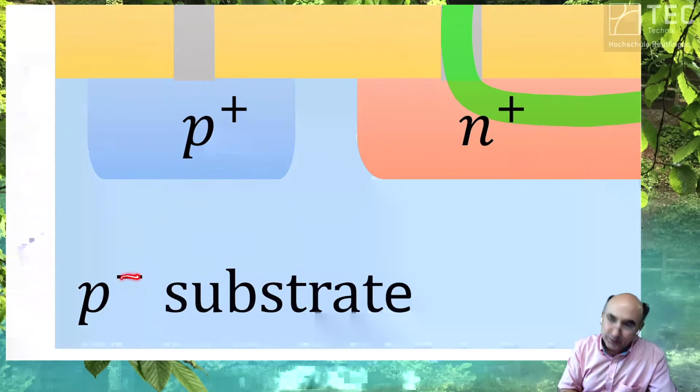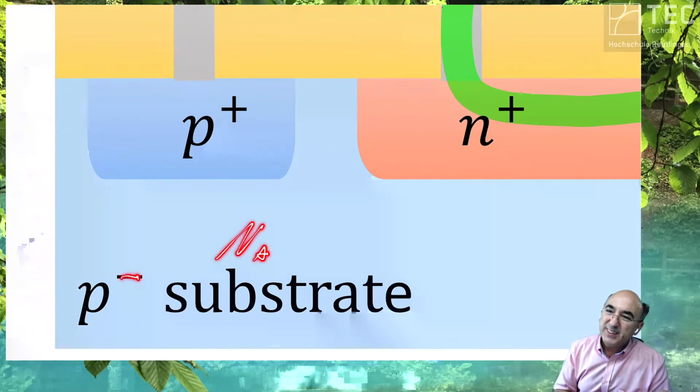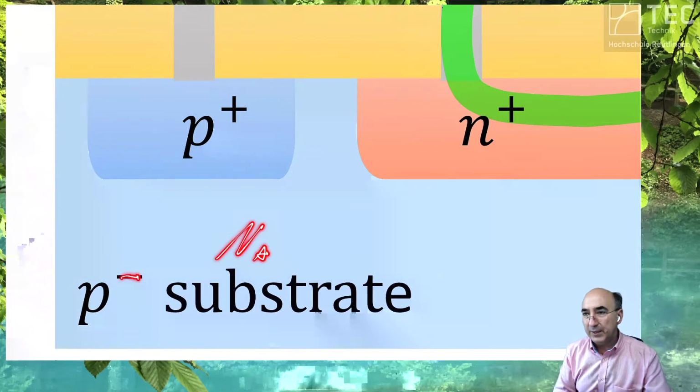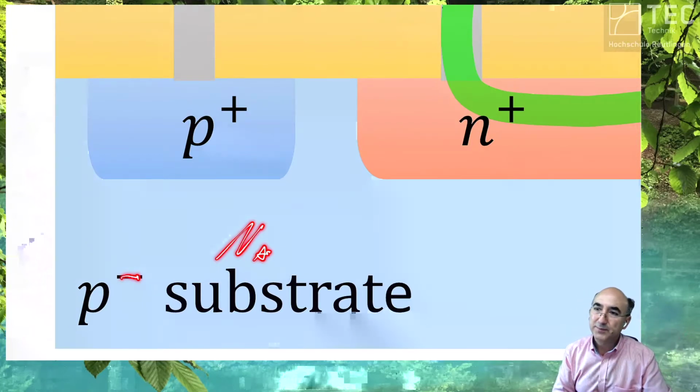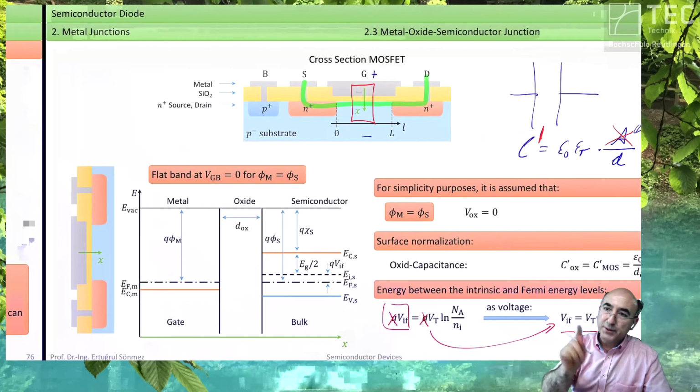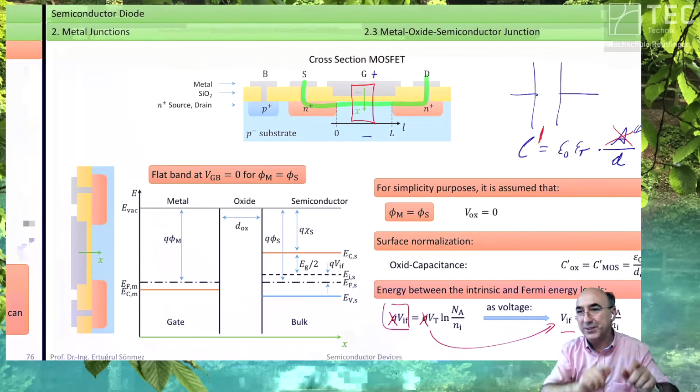This doping concentration is a design value to set the threshold voltage. And this we will learn after 4 or 5 slides. And what is the threshold voltage? Very good question.